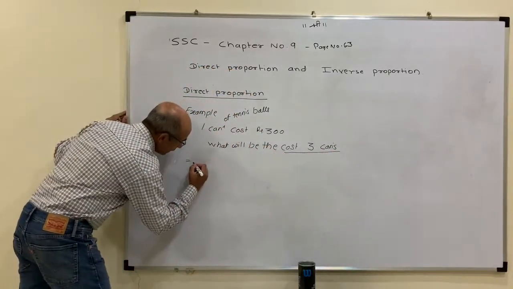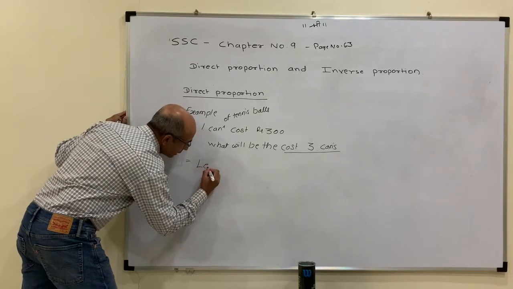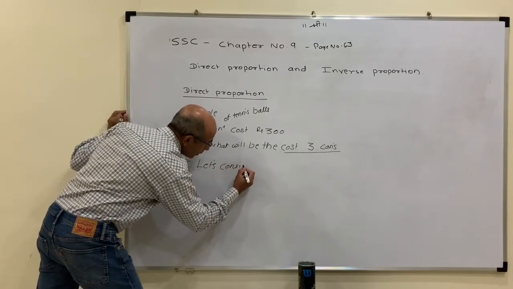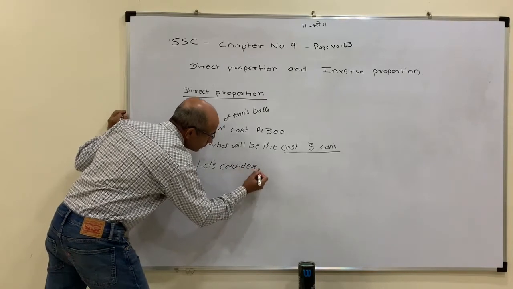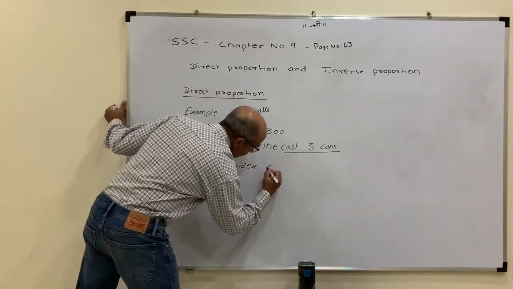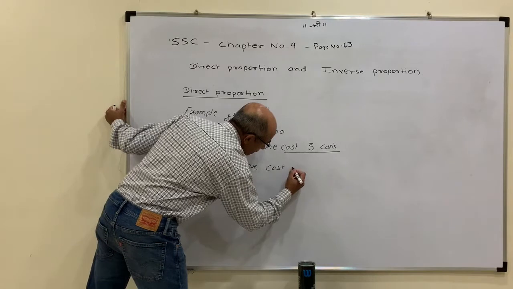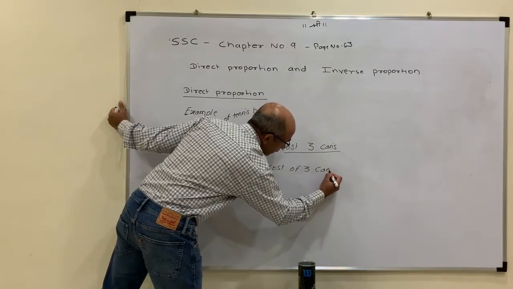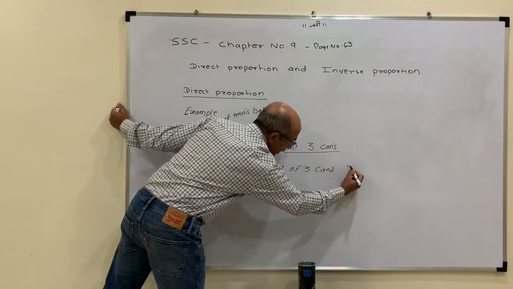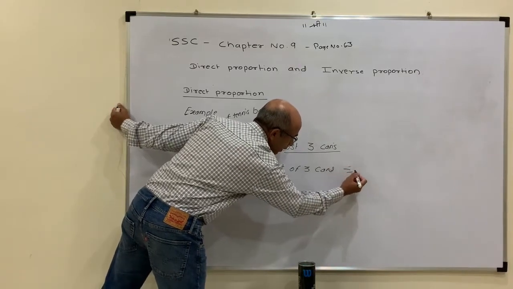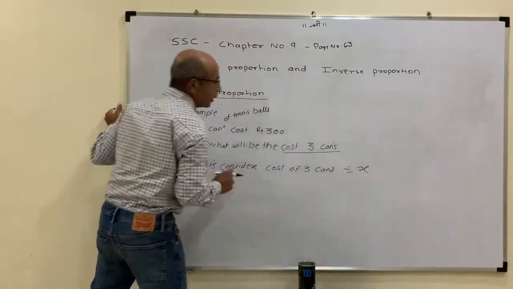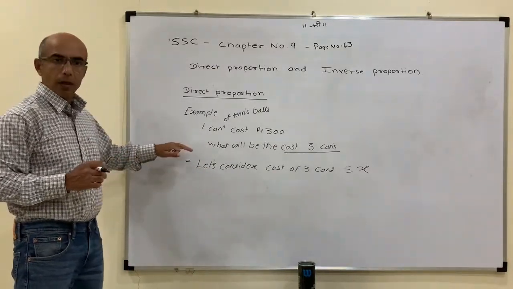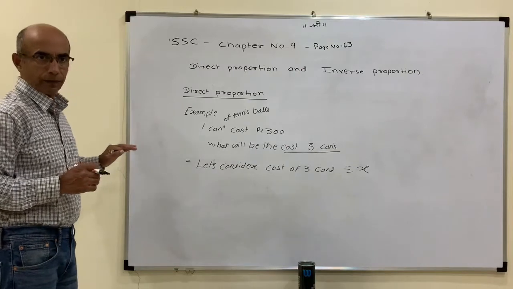So the first step for the solution, let's consider cost of 3 cans equals X. Now we have already learned how to build the arithmetic equations.